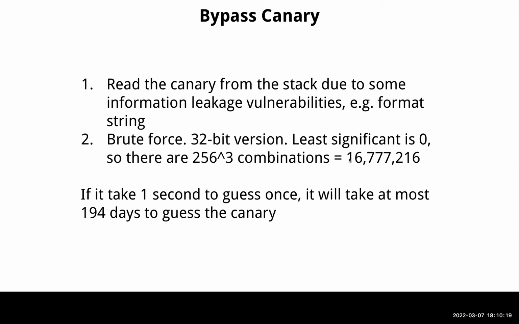If we are able to guess once per second, that will take, well, once per second makes sense because we are trying to attack a remote server. You're considering the latency, considering the server needs to create a new process. So 1 second is reasonable. So it will take 194 days to really guess that.